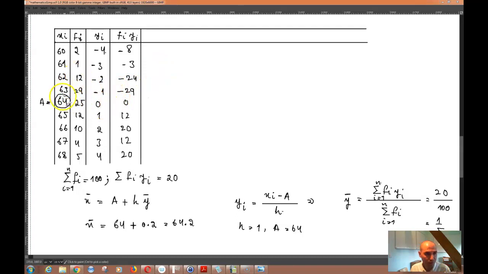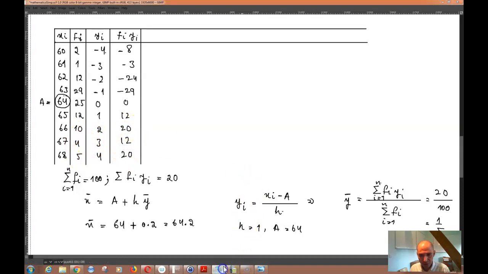So for example, over here I have 60 minus 64 is equal to negative 4. 61 minus 64, negative 3. Negative 2, negative 1, 0, 1, 2, 3, and 4. And then f of i times y of i is negative 8, negative 3, negative 24, negative 29, 0, 12, 20, 12, and 20.